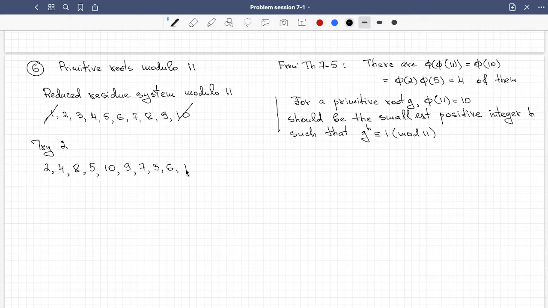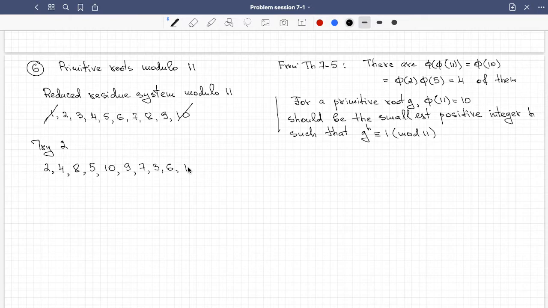How many of them are there? After that, the next one is going to be times 2 is 2, and the cycle repeats. How many of them are here? 1, 2, 3, 4, 5, 6, 7, 8, 9, 10. All 10 of them are here.